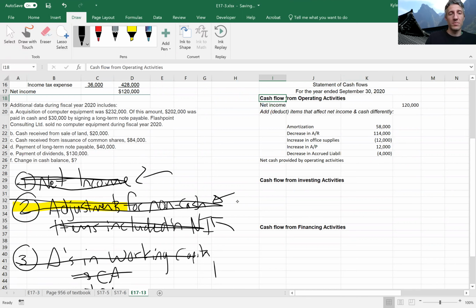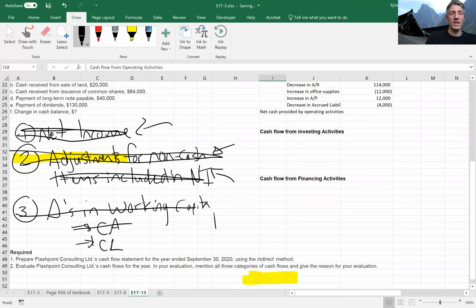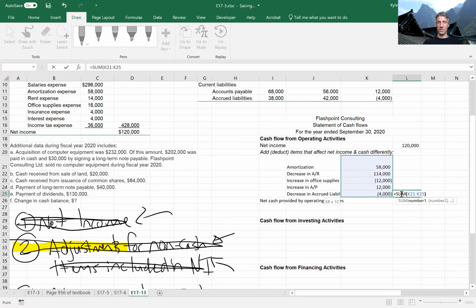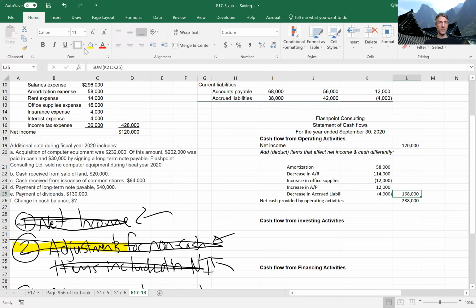Then we did adjustments to working capital, which was current assets and current liabilities. So we're done with the operating activities section. So I can total this up. And cash flow provided by operating activities is $288,000.